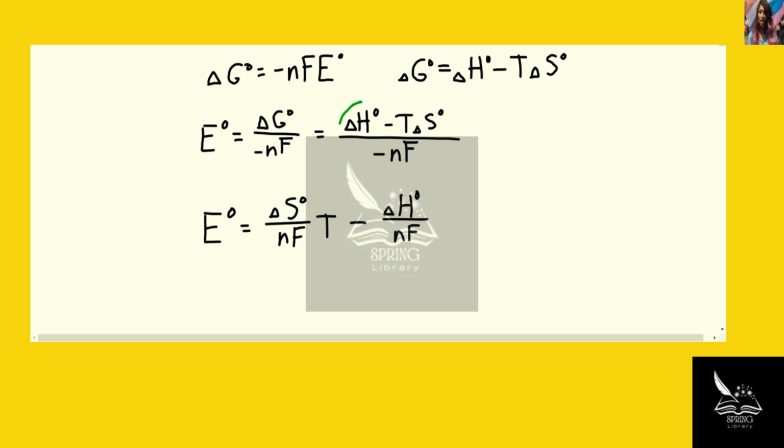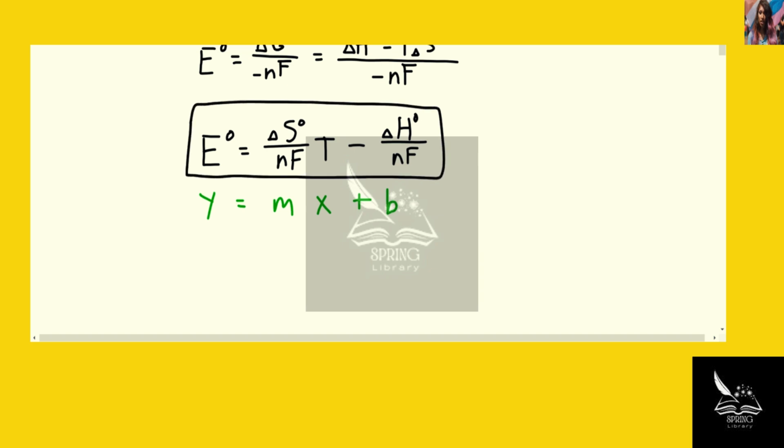We also did delta H divided by negative nF, which is minus delta H over nF. So now we have the form of a line: y, the dependent variable of cell potential at standard conditions, is equal to m times x, the temperature independent variable, plus b. This is the answer to the first part of this question for the cell potential as a function of temperature.